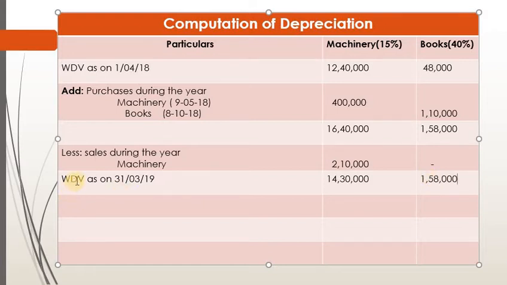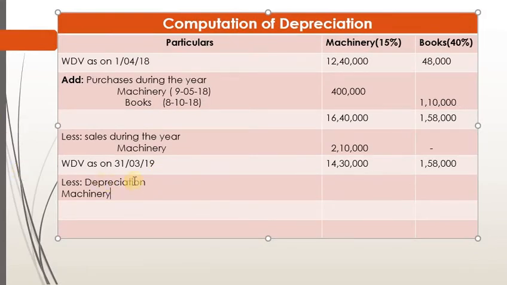Now we have arrived at the written down value for calculation of depreciation. Now we have to deduct the depreciation from this amount. So let's calculate the depreciation. Less depreciation. First let us calculate on machinery. Written down value is 14,30,000. In this written down value, whatever is purchased during the year, for that we have to provide first.